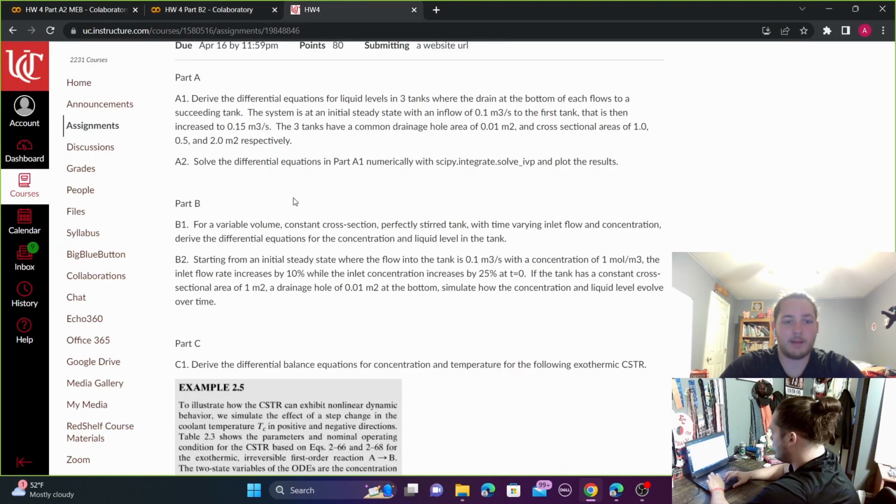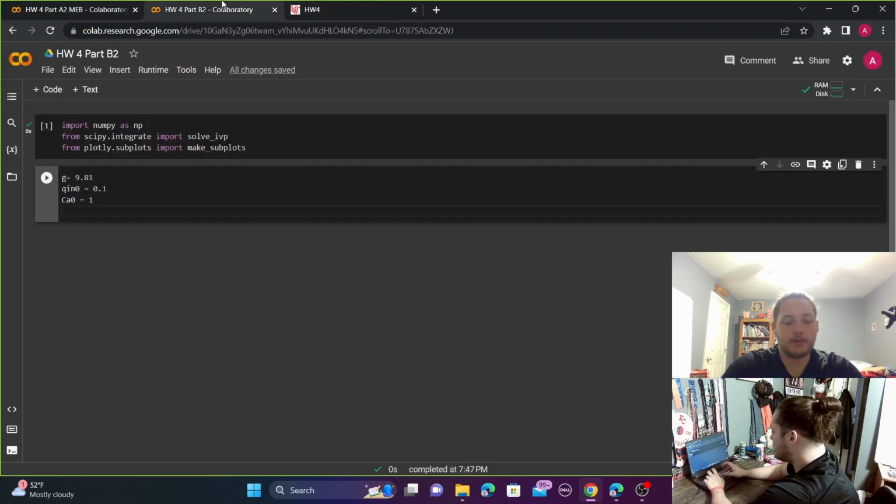Next, we know that our inlet flow increases by 10%, while the inlet concentration increases by 25%. So we can label Qin as Qin naught times 1.1 for the extra 10%.